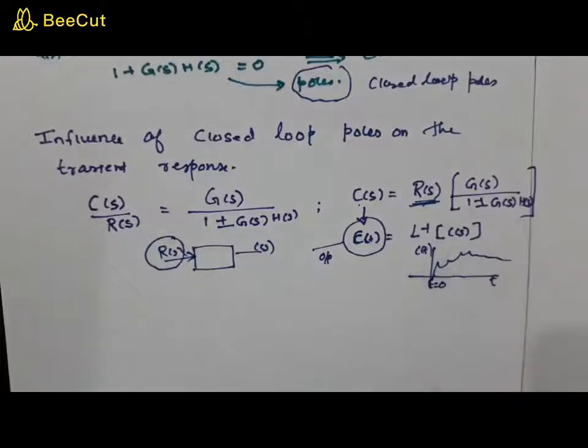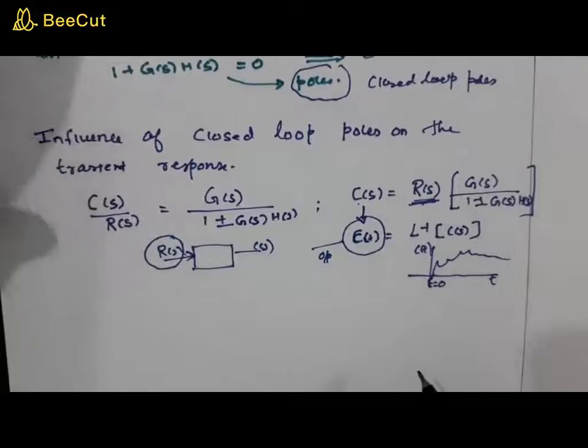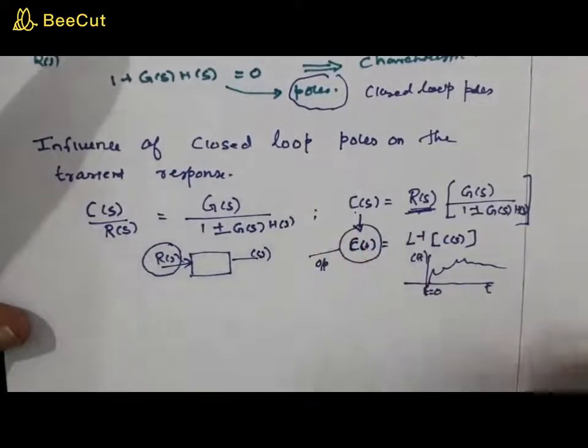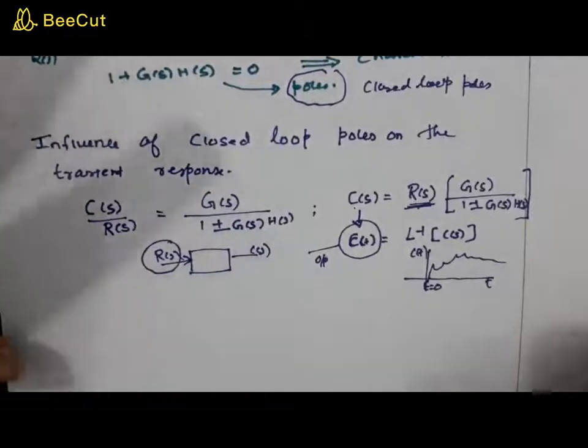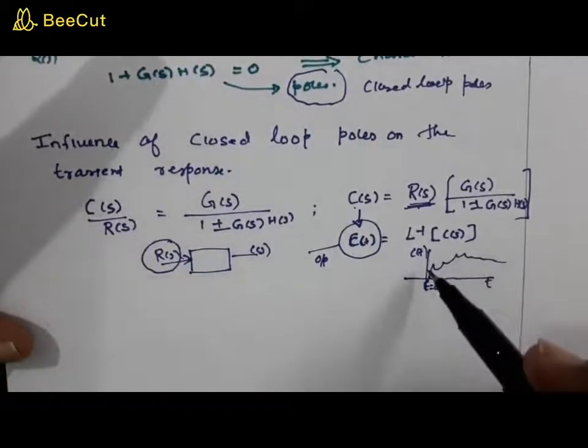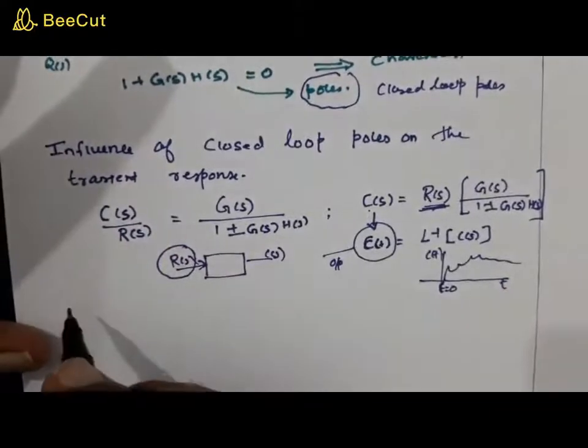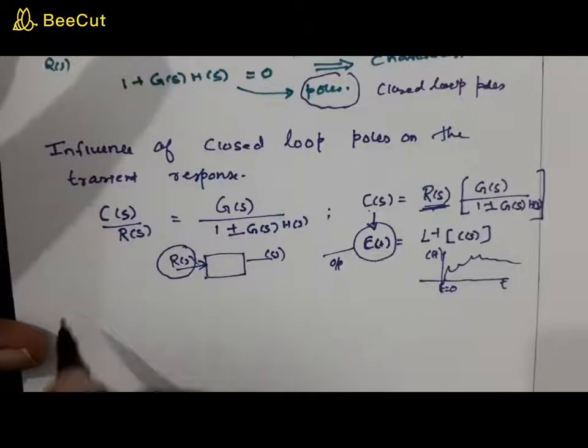Now, closed loop poles will have an effect on this transient response, and that's what we are going to study under this heading. Okay, so let's start with different cases.